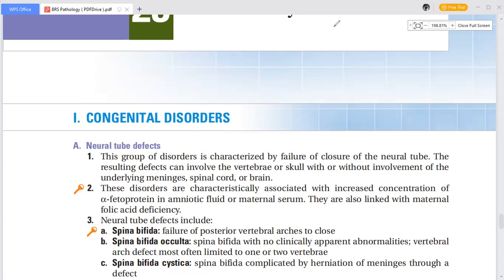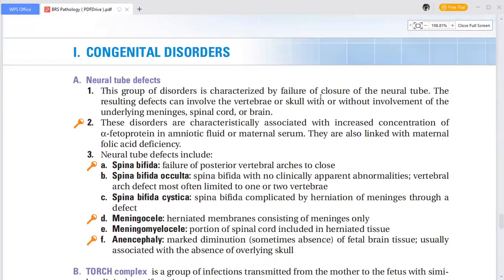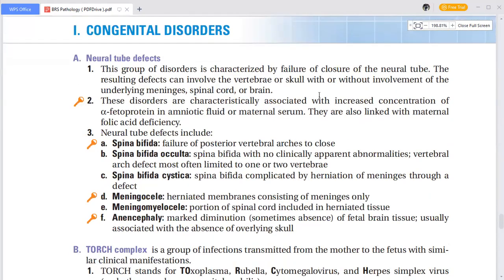So from my PowerPoint, or from my slide, these disorders are associated with increased alpha-fetoprotein in amniotic fluid or maternal serum. So how do you know that the patient can have neural tube defects?